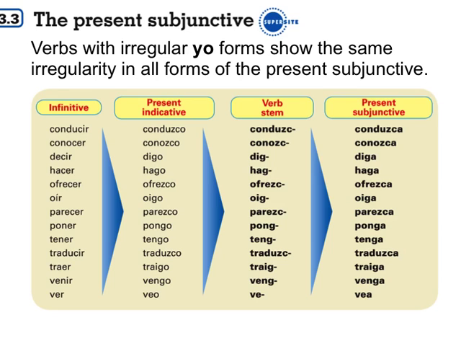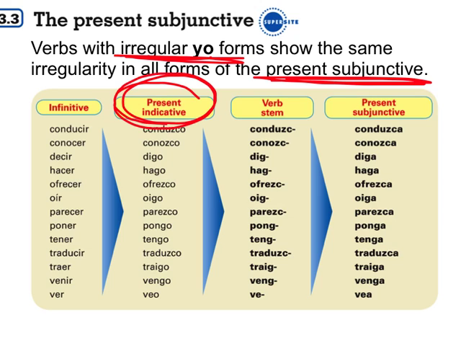It's just showing you all the yo form irregulars in the present indicative that they will be used in the present subjunctive. So look at the yo form indicative here of all of these verbs. They're irregular. A lot of them are go-go's, a lot of them are zikos.